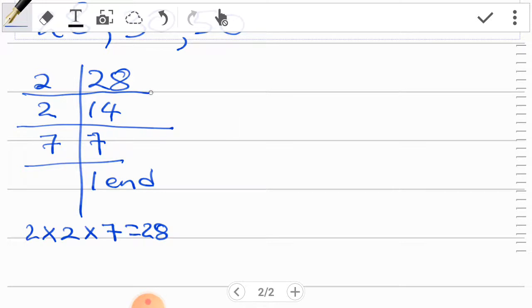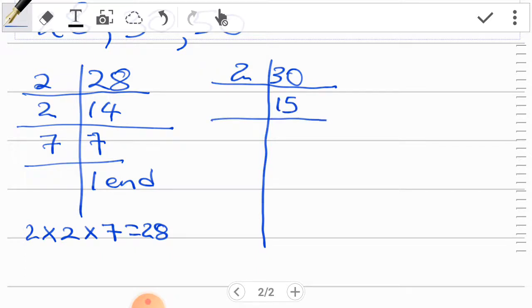Now let's look at 30. For the prime factors of 30, what's the lowest prime number that could go into 30 without a remainder? We're looking at 2. 2 into 30 is 15. The lowest prime number that could go into 15 is going to be 3. So 3 into 15 is 5. And the lowest prime number that could go into 5 is 5, so we're at 1.